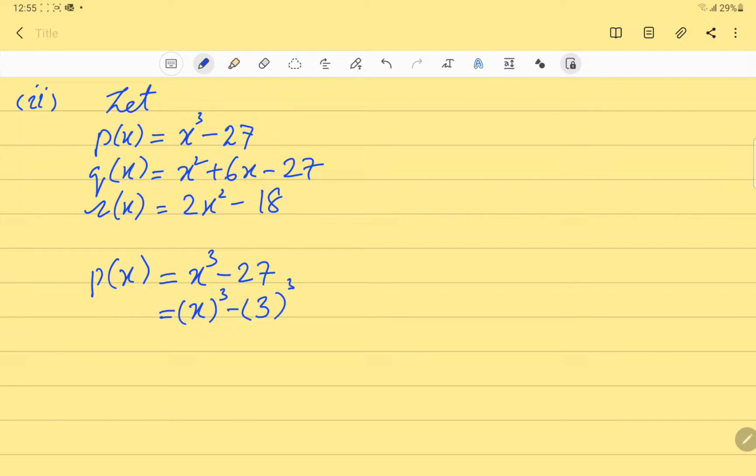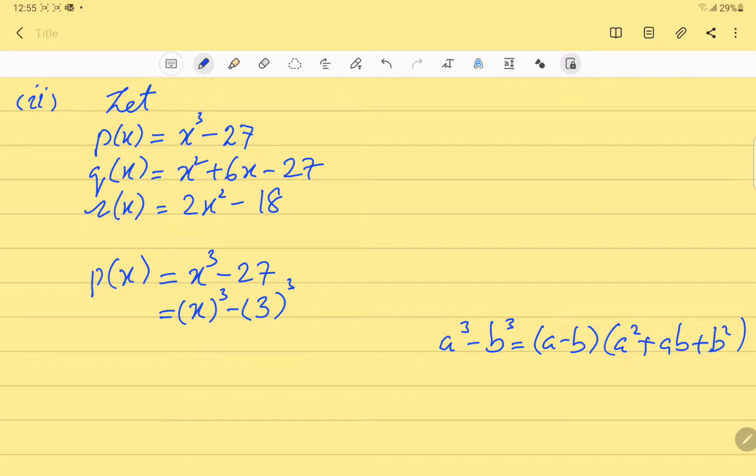Now we have a formula which I think you can recall here. That formula is a cube minus b cube. Let us write it on the side so that we can remove it later. It is this one: a cubed minus b cubed is equal to a minus b into a squared plus ab plus b squared.